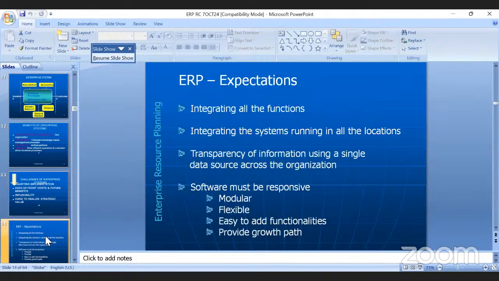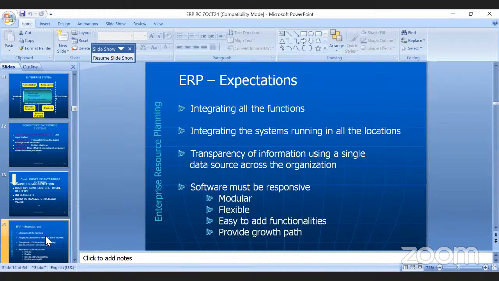The ERP expectation is integrating all the functions. This is the expectation, and this should happen with the implementation. Otherwise, there may be errors which may lead to malfunctioning of the technology and the organization or the firm. So it should improve the process. There should be better coordination.